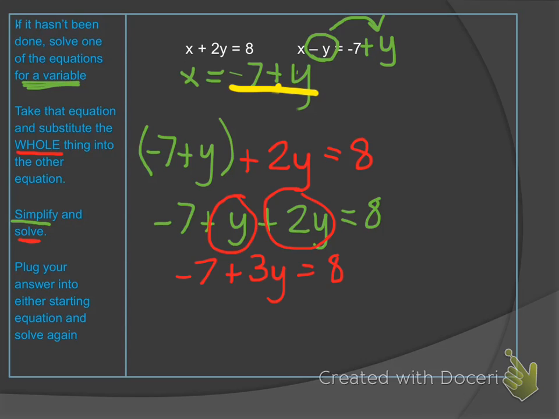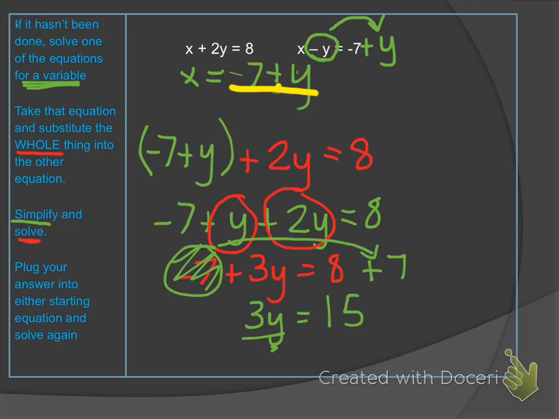Okay, that's simplifying. Now I'm going to solve it. I'm going to take this, cross it over, it becomes a plus 7. So now I have 3y equals 15. Divide by 3, divide by 3, I get y equals 3.